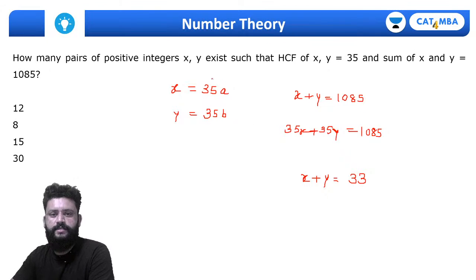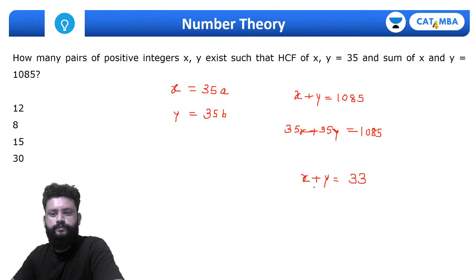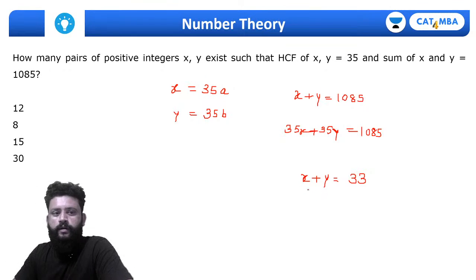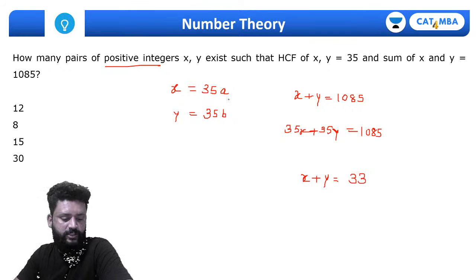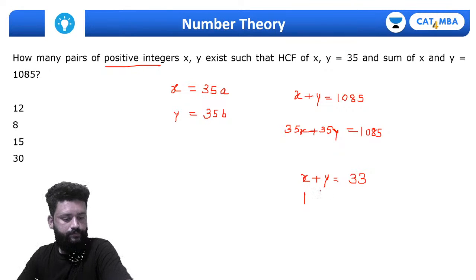How many pairs of positive integers x and y exist such that HCF of x and y is 35? चलो बोलो, how many pairs are possible? Addition 31 होना चाहिए. पॉजिटिव इंटीजर्स हमें चाहिए. So it can be 1 and 30. What is your answer, Krishna? बोलो जल्दी.